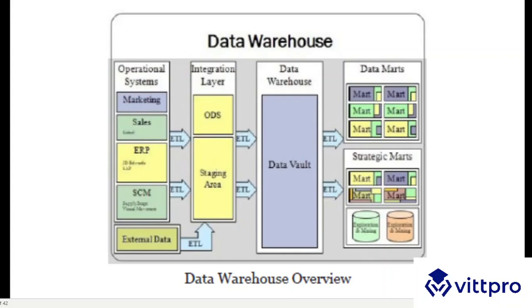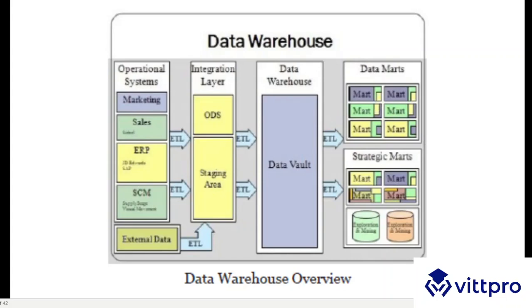Take the example of when you go to a city mart or a superstore: there is one section for cereals, one for milk products, one for cleaning products, right? In the same way, the data vault is organized into small mini marts, so that you are able to get the information specific to your requirements.